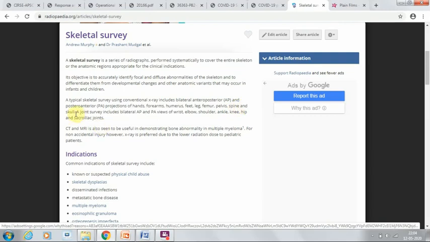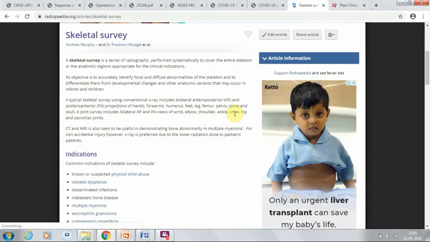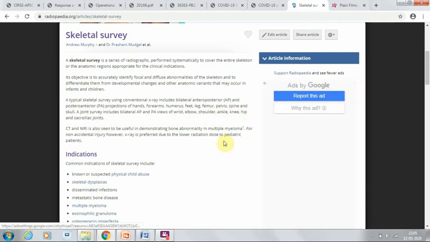Whole body radiography will be taken, which is AP and PA view of those parts. It might also include wrist, elbow, shoulder, ankle, knee, hip, those kinds of images will also be included.